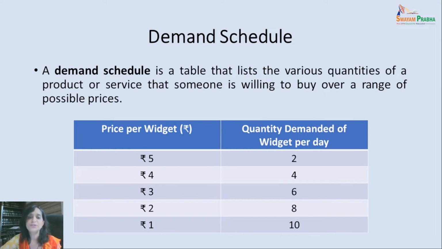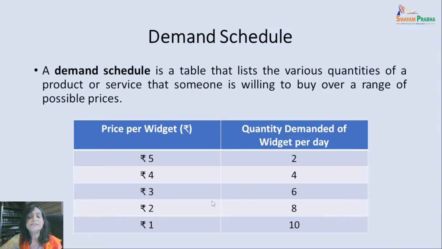Now one such demand schedule, I have made for you, where we have listed price per widget and quantity demanded per widget per day. That is, if the price is 5 rupees, how much am I buying? I am asking for 2 units. This is my quantity demanded of widgets when the price of a widget is 5 rupees. If the price is 4 rupees, the consumer says, okay, I'll buy 4 units of the widgets.